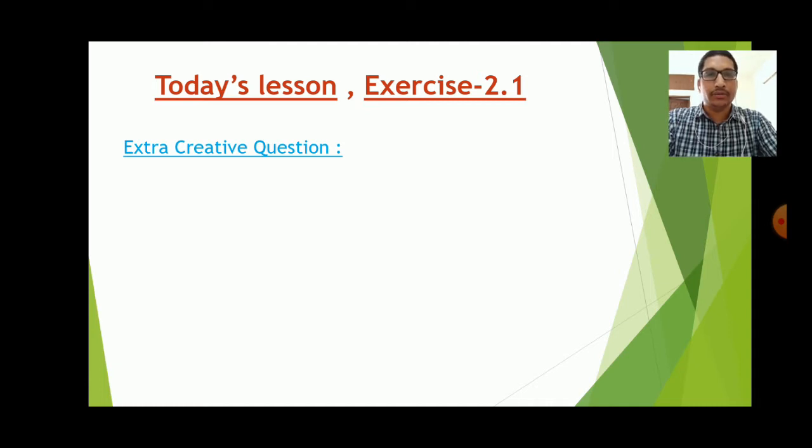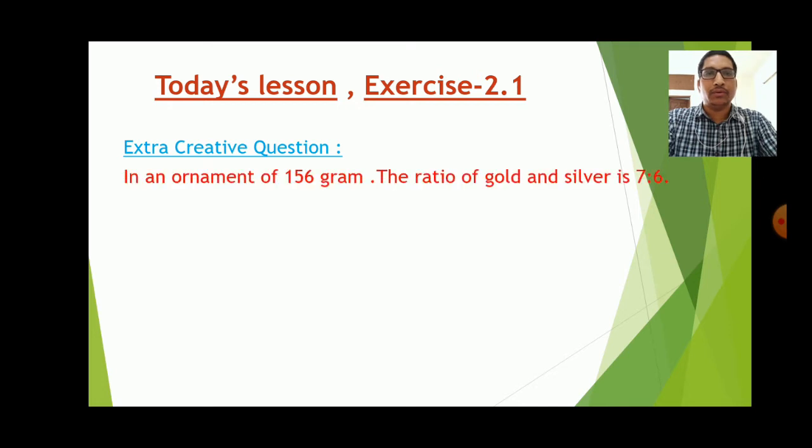So are you ready? Now here in an ornament of 156 gram, the ratio of gold and silver is 7:6. That means here two quantities, gold and silver, are given, the ratio and the total amount.